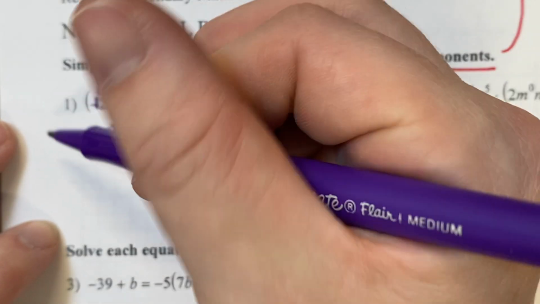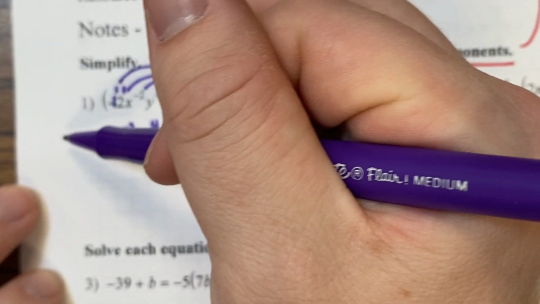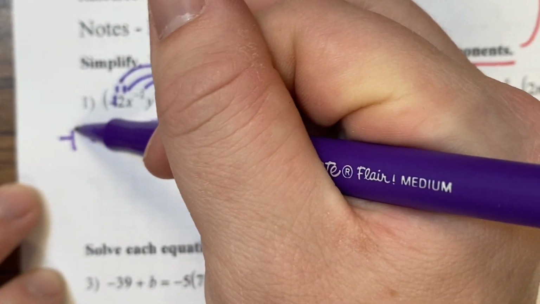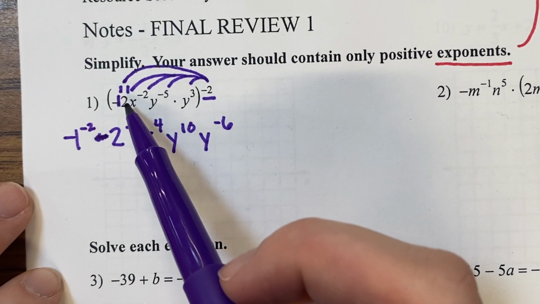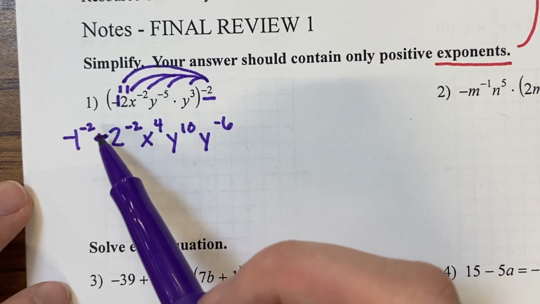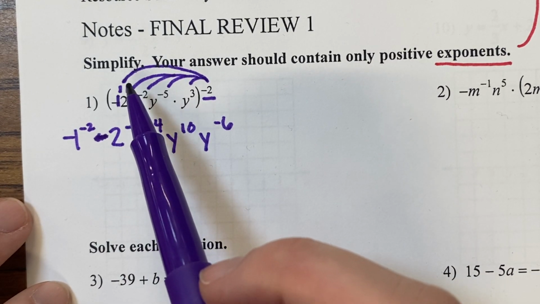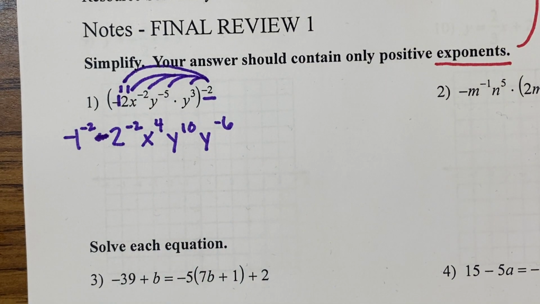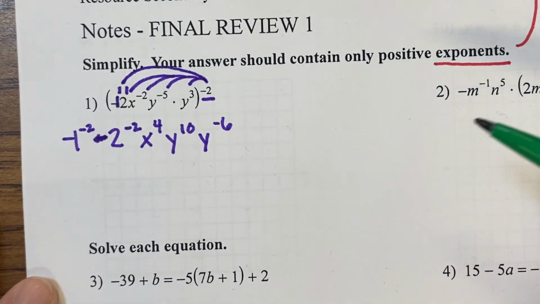So that would actually be -1 to the power of -2 as well. I'm glad I caught that. Remember, the negative in front of the 2 is technically a -1. That's why it also had its own little invisible 1. That was tricky.